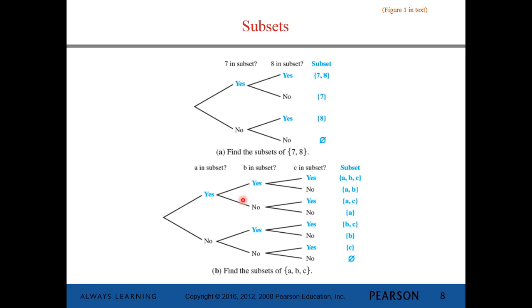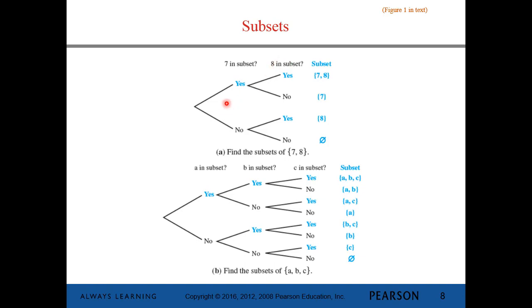And here's the thing. If we have this set, 7 and 8, we find the subsets of 7 and 8. So we look at each entry. Here's 7 and here's 8. Either 7 is going to be in or out. Those are only two options. And then 8 is either going to be in or out.